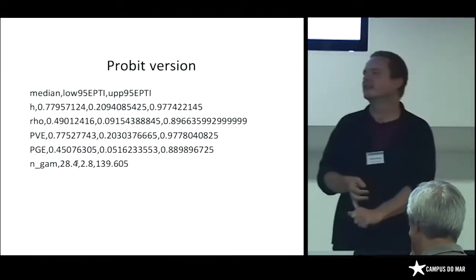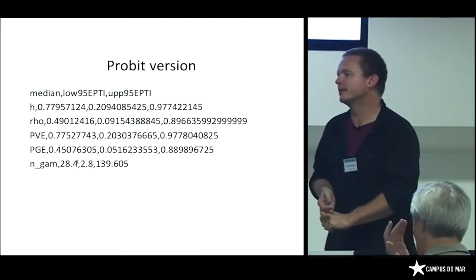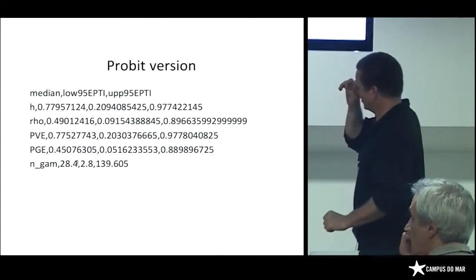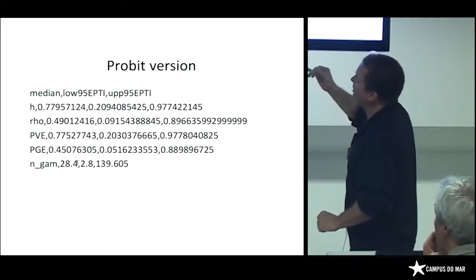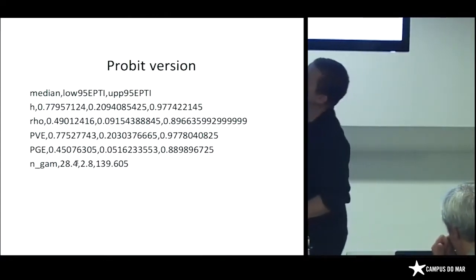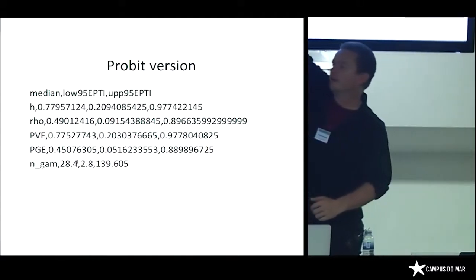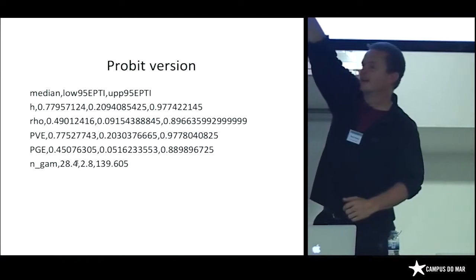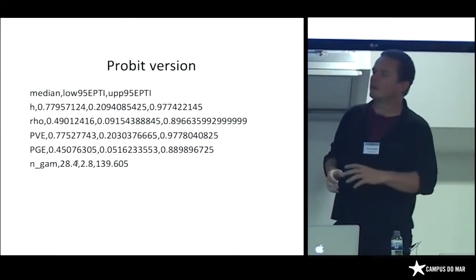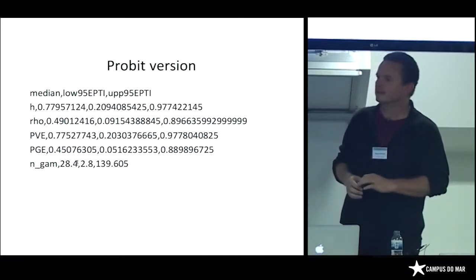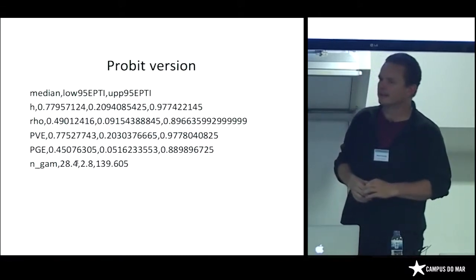Can you just remind quickly which are the lines here? H, R, H, O. So H is the proportion of SNPs that belong to the population with no effect or with very small effect. Okay.